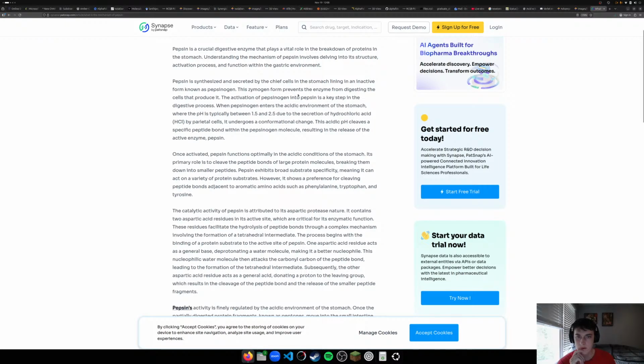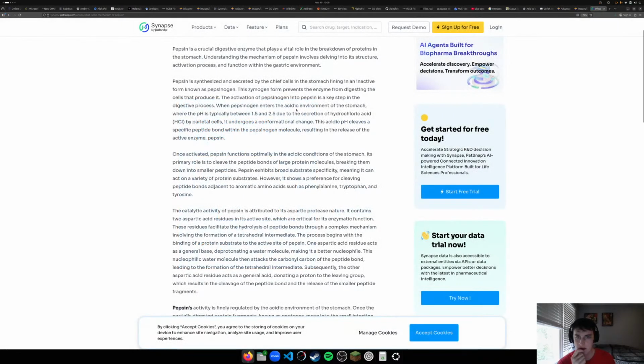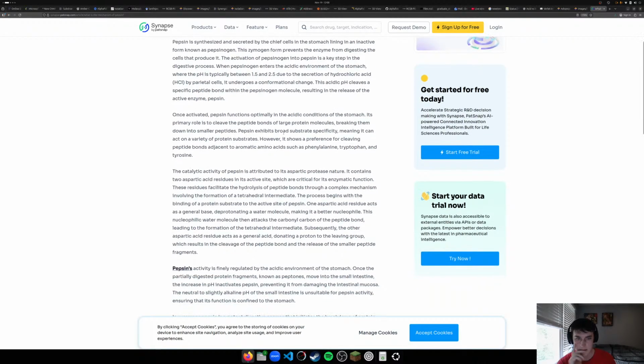The zymogen form prevents the enzyme from digesting the cells that produce it. The activation of pepsinogen into pepsin is a key step in the digestive process, where the low pH is typically due to secretion of hydrochloric acid by parietal cells, which causes a conformational change. This acidic pH cleaves a specific peptide bond in the pepsinogen molecule, resulting in the release of the active enzyme. That's pretty cool, actually.